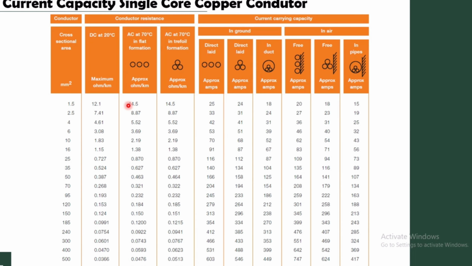Finally, I take this table from a catalog also that shows the relationship between the conductor cross-sectional area and the current carrying capacity.